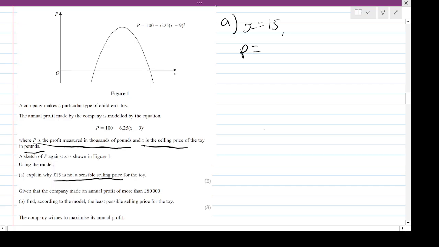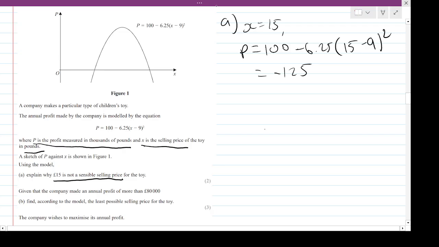Then P is 100 minus 6.25 of X, which is 15 minus 9 all squared. Put that into a calculator: 100 minus 6.25 of 15 minus 9 all squared, and we get negative 125.